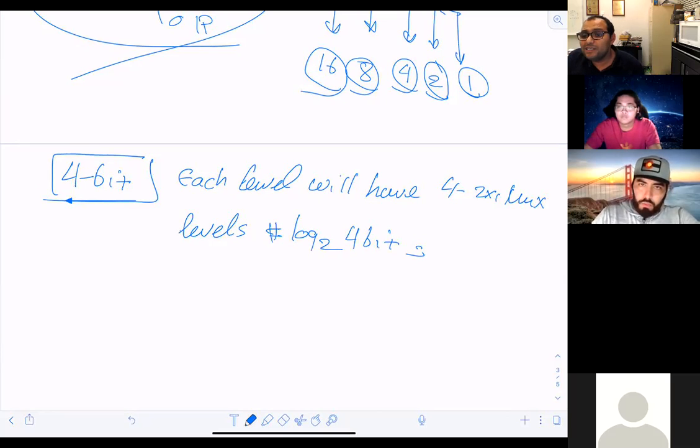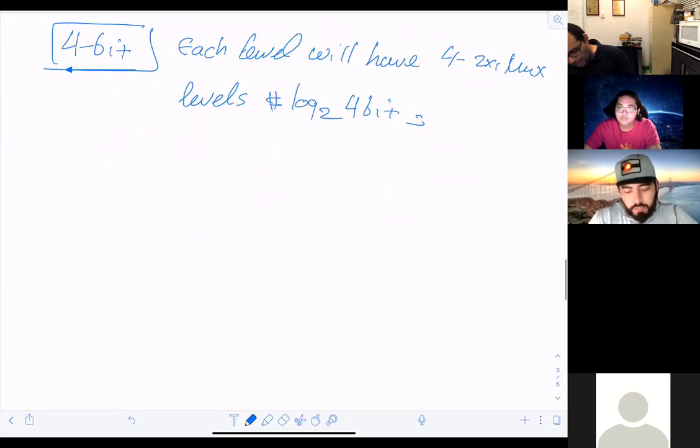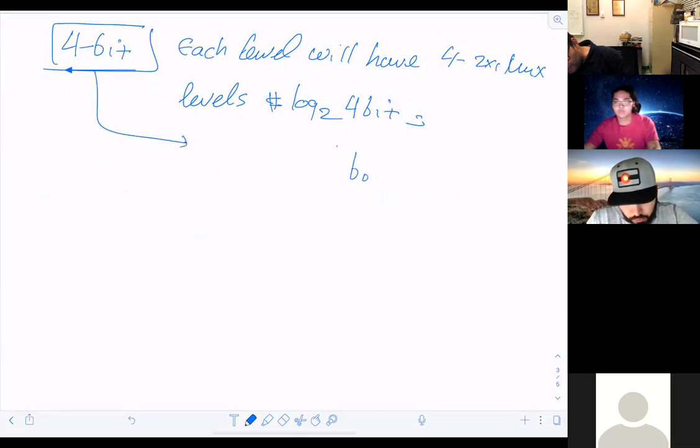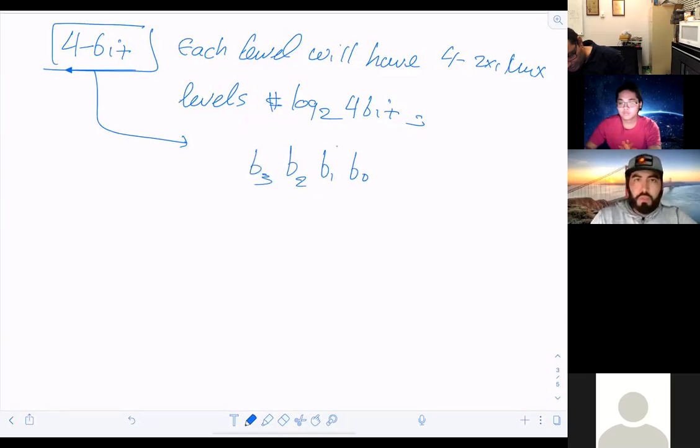Let's see why it is log 2. If you have 4 bits, that means 00, 01, 10, 11. Now let's see how I'm going to sort them, also by distance. Let's say those 4 bits are represented by B0, B1, B2, B3.